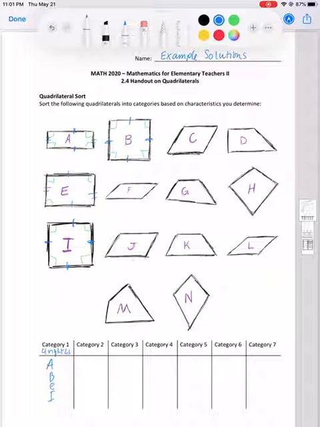So four right angles is one part of the characteristic, but we have four right angles in two of these categories. So we have four right angles and four equal sides. That category was B and I. So four right angles and four equal sides.